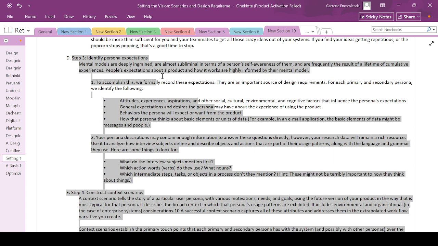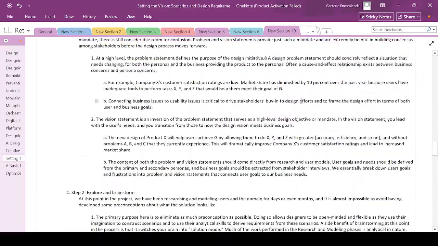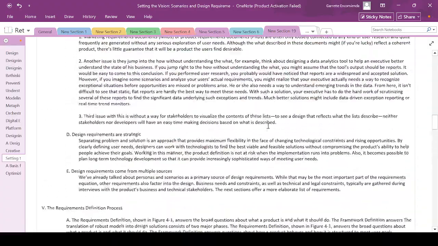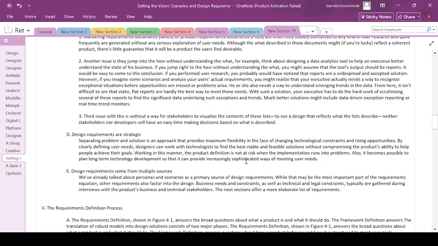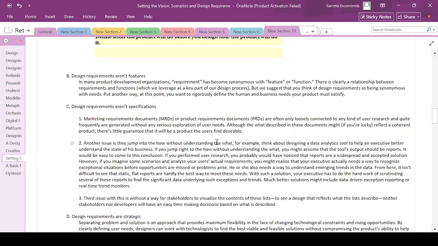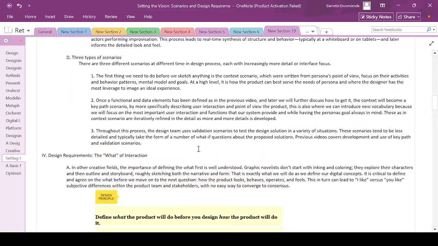So again, we're trying to create a high-level view of scenarios or requirements that we can use as a justification for ever more increasing details that would provide us the solution to our customers.